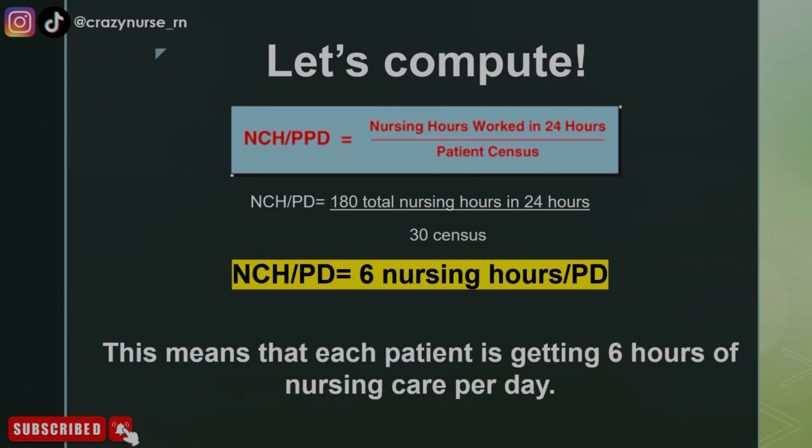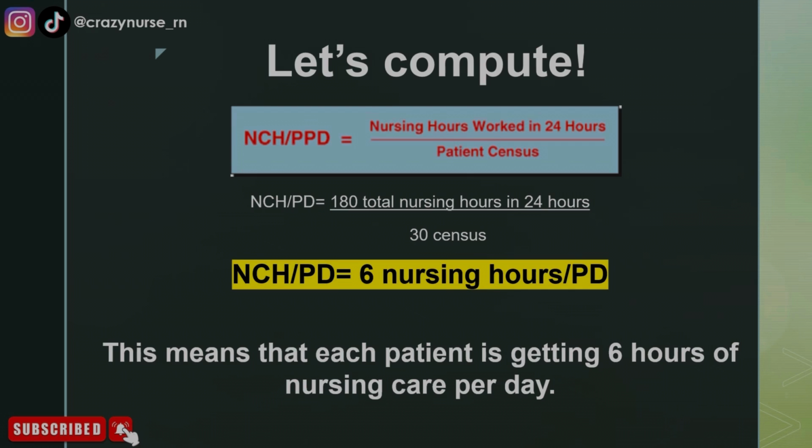This means that each patient is getting 6 hours of nursing care per day. And we have established that we got our target result for our NCH-PPD. But take note, if the answer is 6.2, 6.3, 6.5, it is still acceptable, or even 5.5, 5.6, or 5.7.